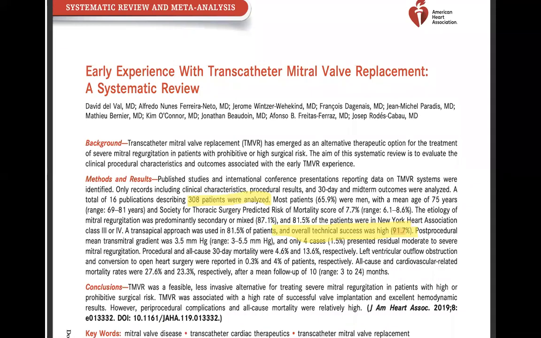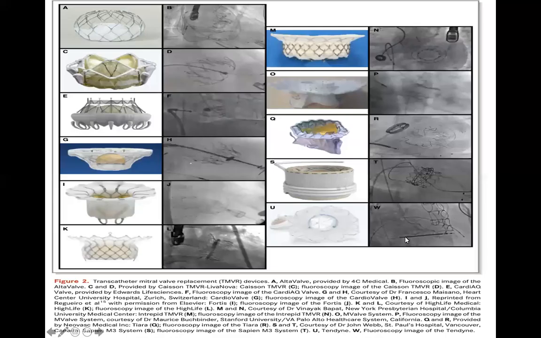However, a recent paper just published in late 2019 covers early experience with transcatheter mitral valve replacement. It is a systematic review. So far, 308 patients were analyzed, and the technical success rate was 91.7%.